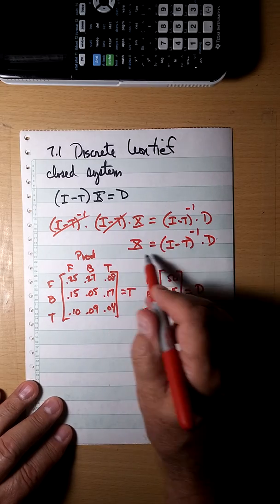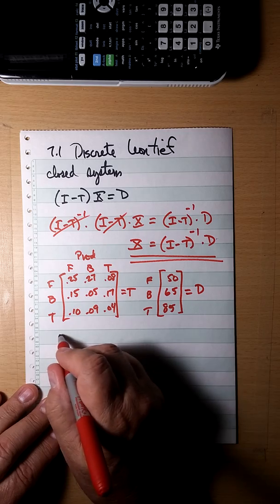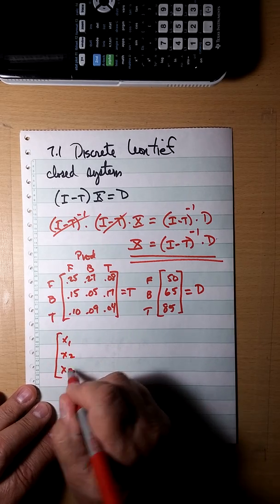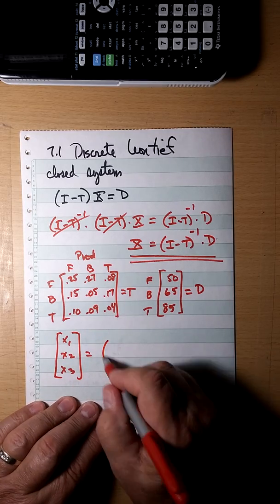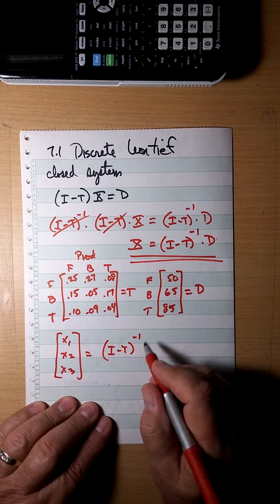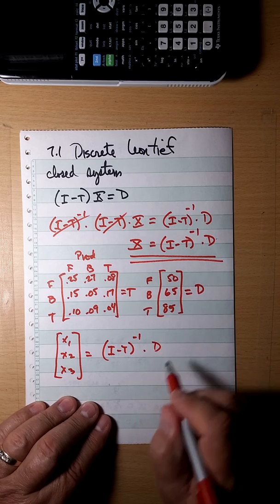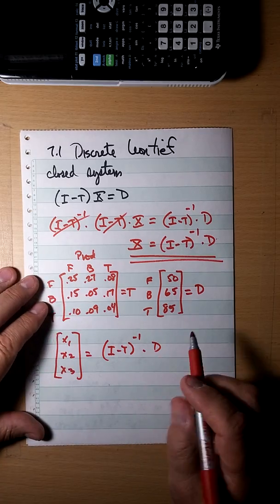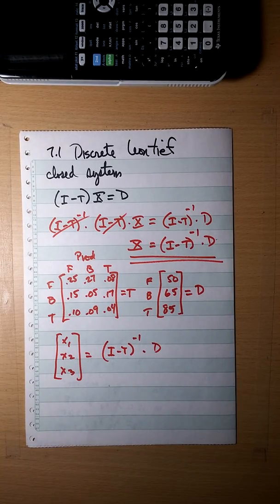So if we work this one out, we need the X of 1, X of 2, X of 3 equal to the I minus T inverse times the D. Well, we're going to put those in and use our calculator to do this stuff.